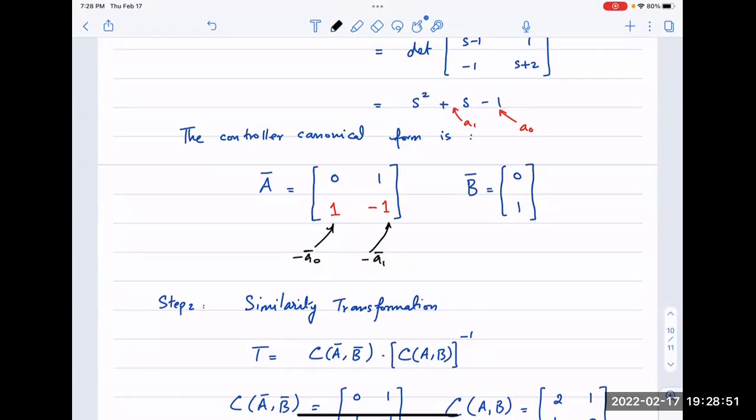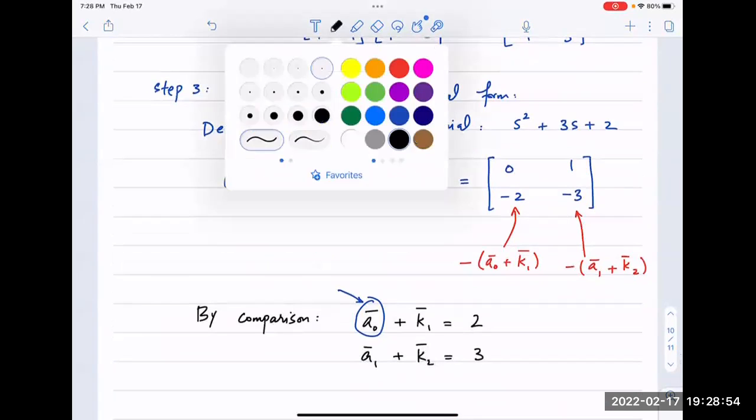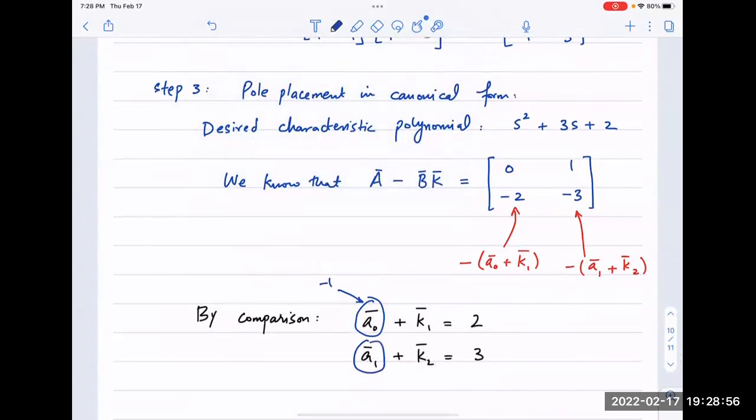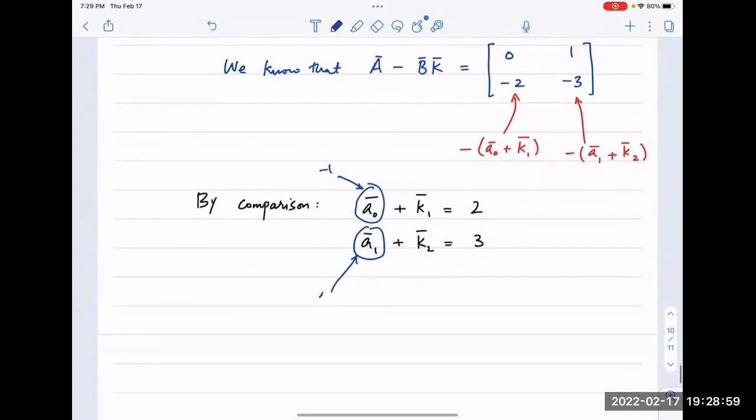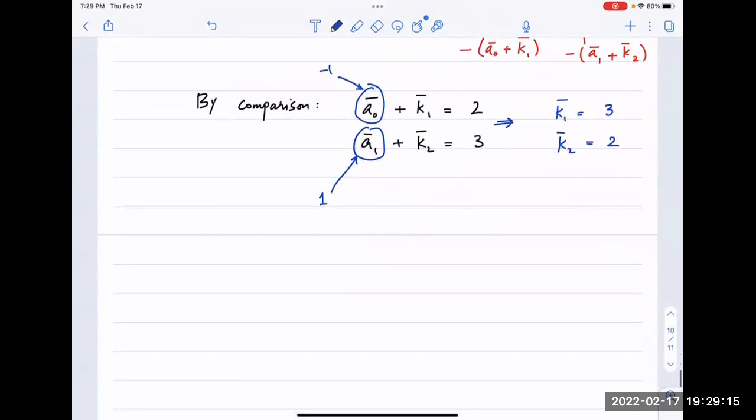So a0 is minus 1 and the other is 1. Knowing this, k1 bar is 3 and k2 bar is 2. All right, so now you've got the controller. Your u is minus k bar x bar, and it's minus [3, 2] x bar.